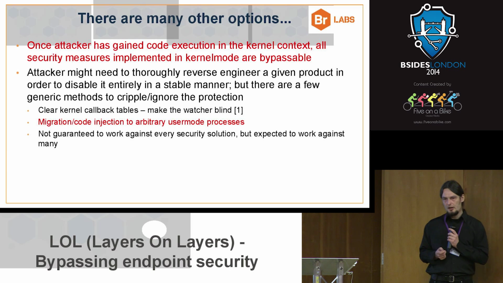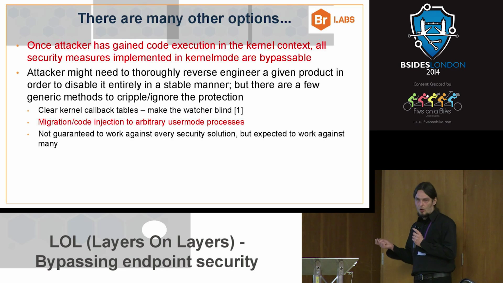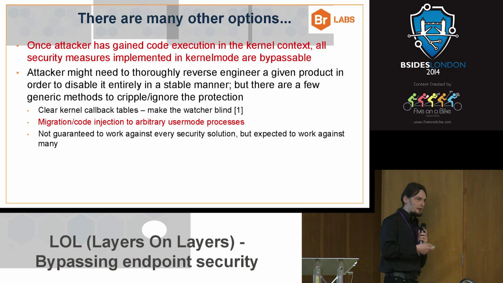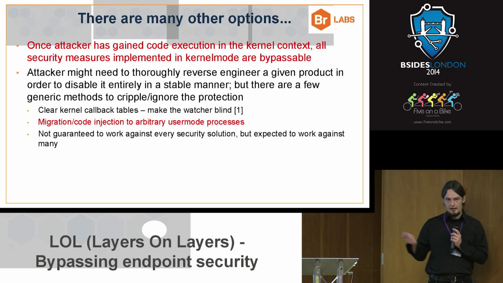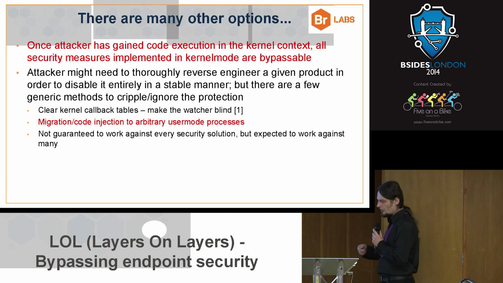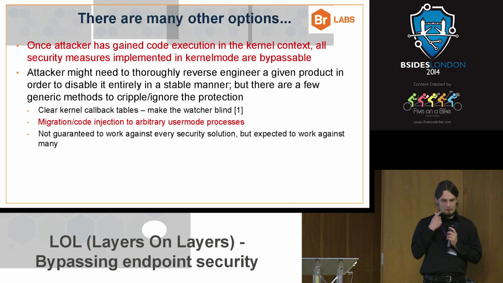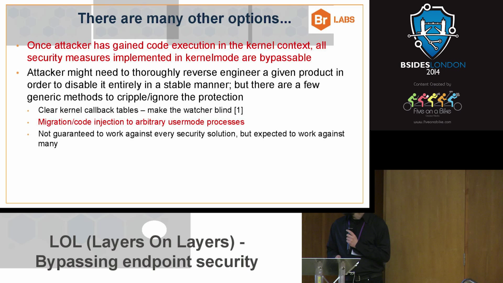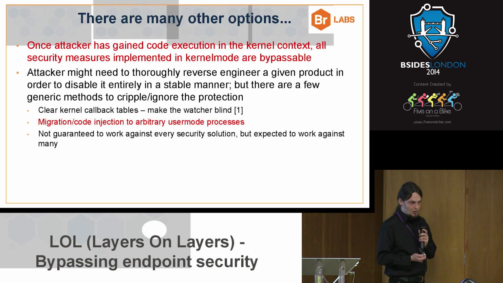But there is no way to protect kernel memory or kernel code from itself, right? So once an attacker has the ability to run code in kernel mode, it can do anything it wants with all the code running in the kernel. It can overwrite it with NOPs, it can zero it out completely, or it can force your favorite security solution to compute like 1 million digits of pi. Simply, there is no barrier anymore.